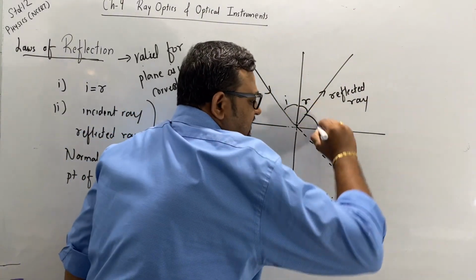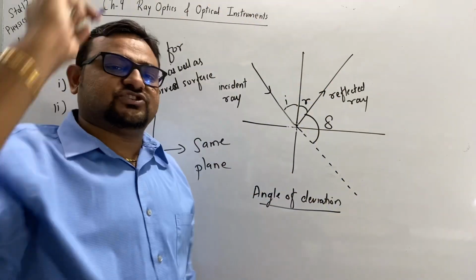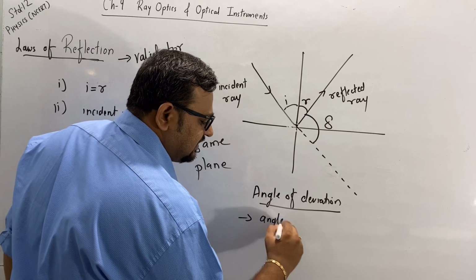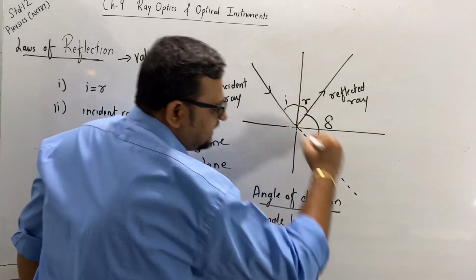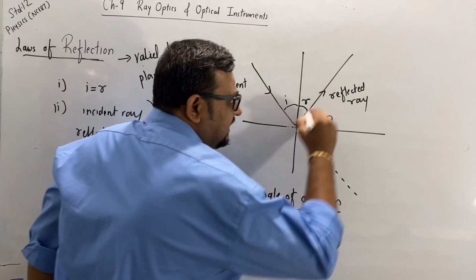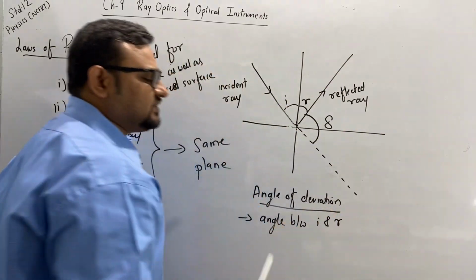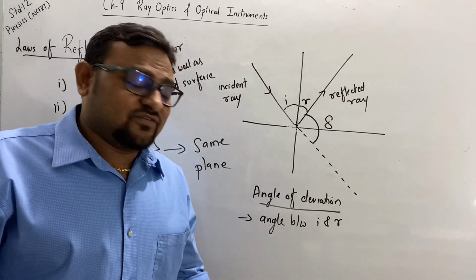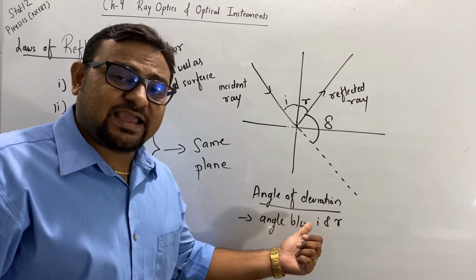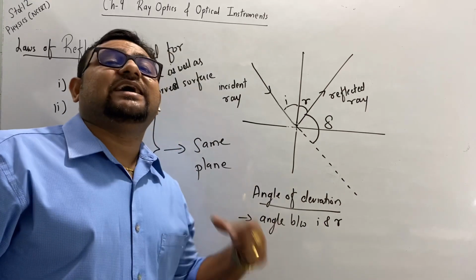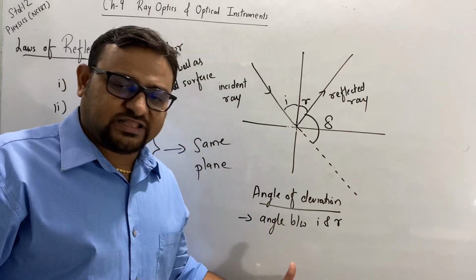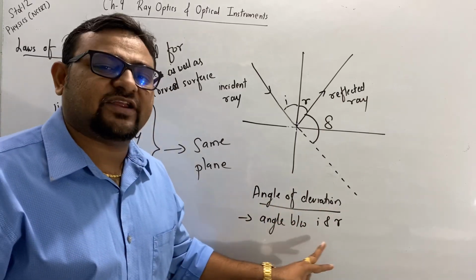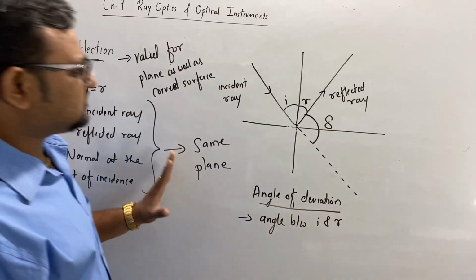So this is the angle of deviation, delta. The angle of deviation is the angle between the incident ray and the reflected ray. Later, in the case of refraction, we will see that the angle of deviation is the angle between the incident ray and the refracted ray. That we will study later on. At present, just see that the angle of deviation is the angle between the incident ray and the reflected ray. Okay, so now just go through this topic.